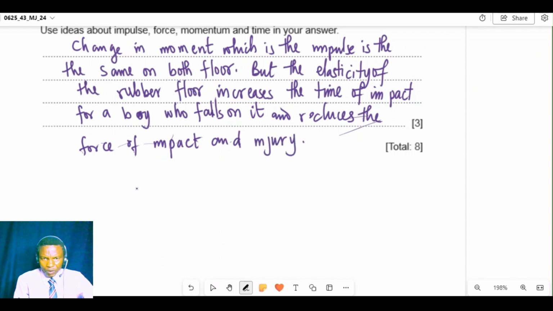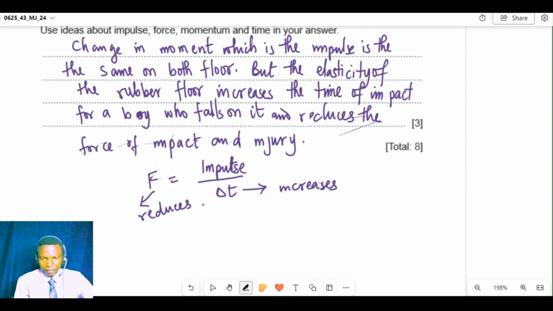So we know that F is equal to impulse over delta t. So when t increases, then F reduces. So that is the question.